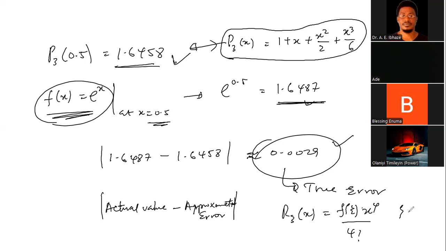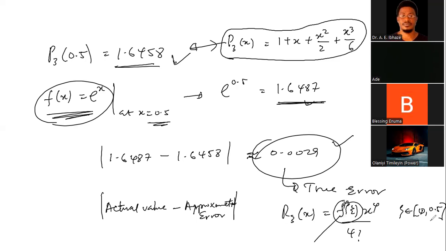And now zeta takes on values from 0 to 0.5. That is the limit, right? That is the limit from 0 to 0.5. So once we plug that into the process, this function now, which is n plus 1, will be to the 4.